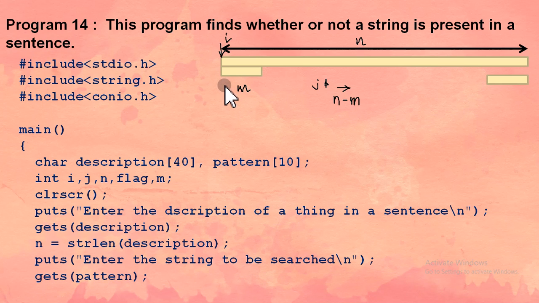Okay, this is of length n, this is of length m. This particular pattern can move, and if there is a failure in the very first character, then it will move one character ahead. Again, if there is a failure of the first character matching, then it will move again.